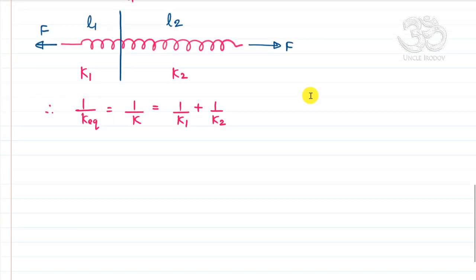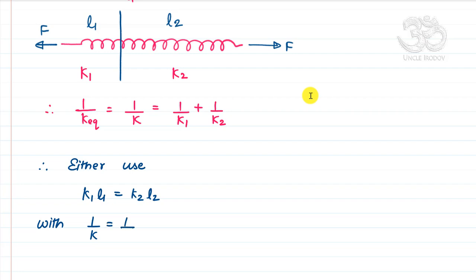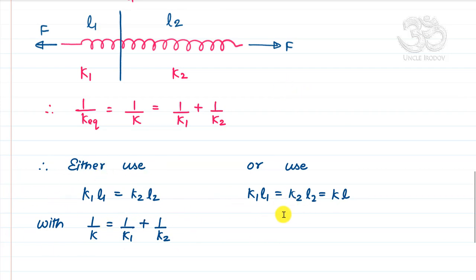So therefore, the two schemes are either use K1 L1 is equal to K2 L2 with 1 by K is equal to 1 by K1 plus 1 by K2, or use K1 L1 is equal to K2 L2 is equal to KL. Right. So you can either use this or that, and you can figure out what are the spring constants of those two parts.